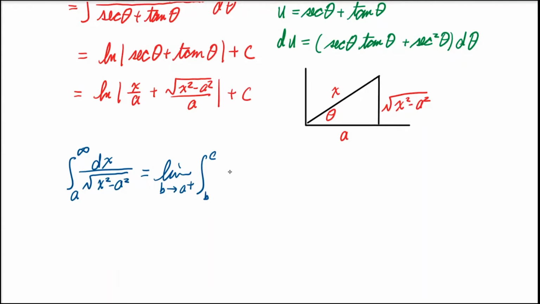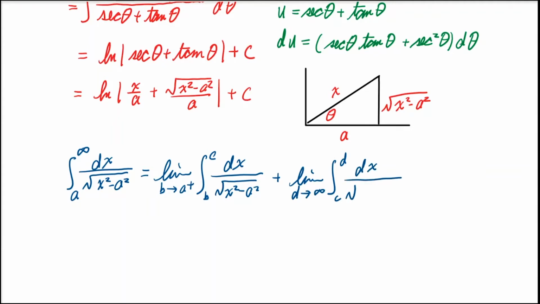And then we still write it, so the integral of dx over square root of x squared minus a squared, then plus the limit, and this one will be c to d, and then d will approach infinity, of dx over square root of x squared minus a squared.